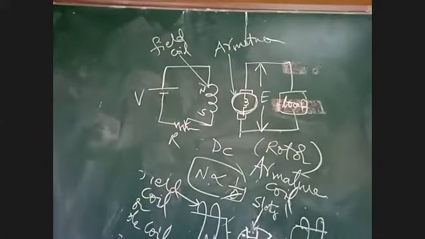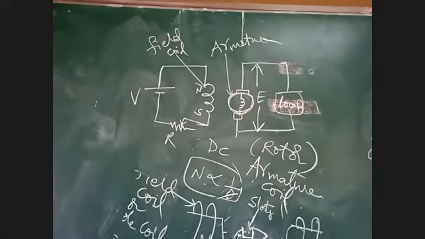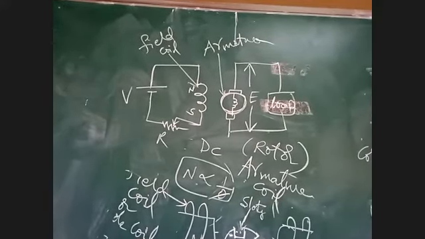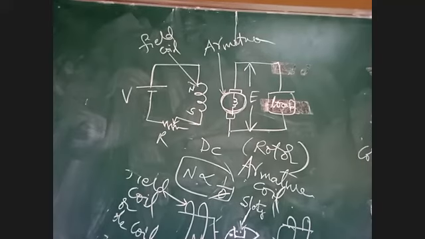Always remember that voltage E is induced in the armature winding. This armature winding is connected to external load. Load may be light, fan, resistance, inductance; the load may be anything. Two windings. For this class, you remember these two windings.